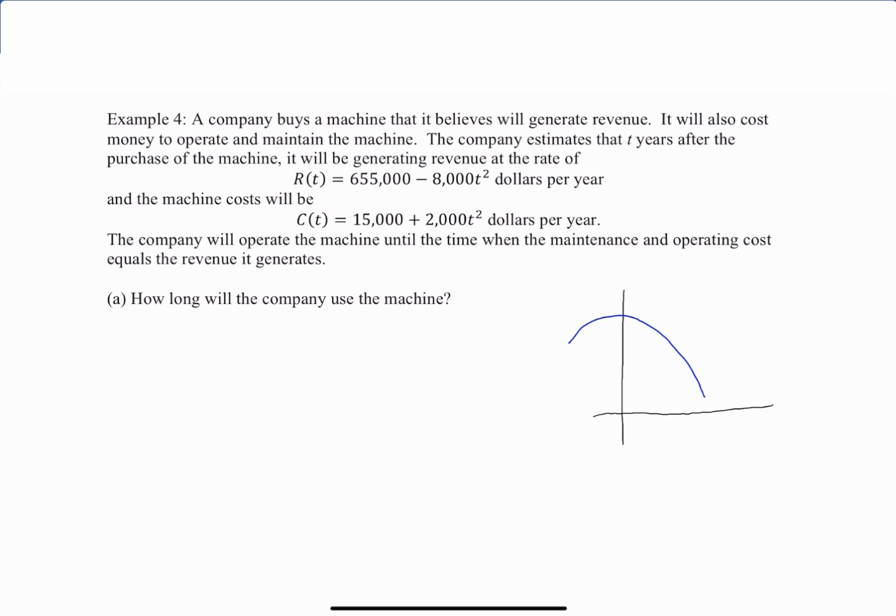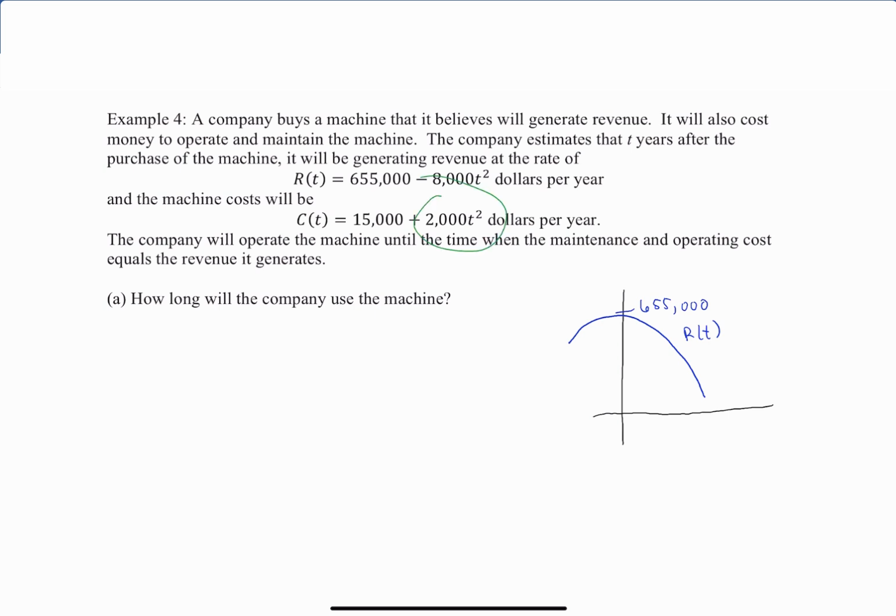And I can be a little more specific. I can see that if I plug in t equals 0, that second term is going to go away, leaving me a y-intercept of 655,000. This is our revenue function. And the cost function is also a parabola because it's also got a t squared term.